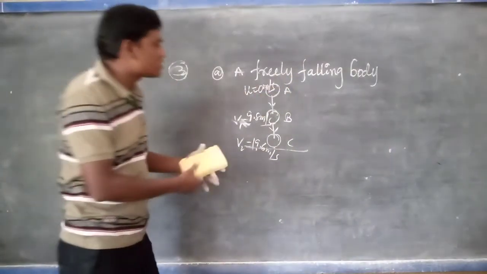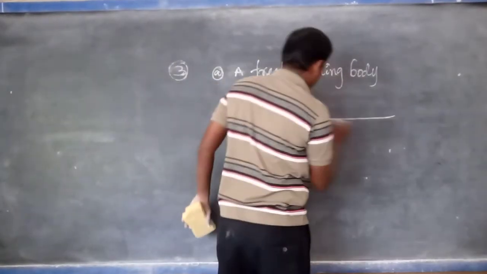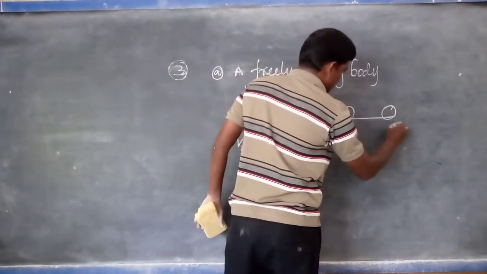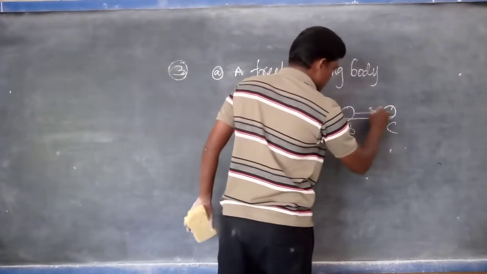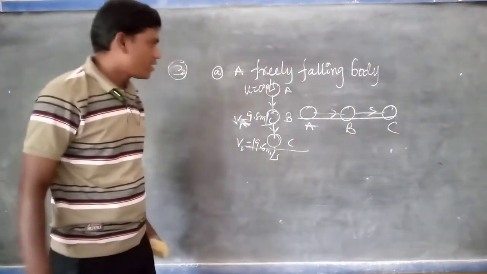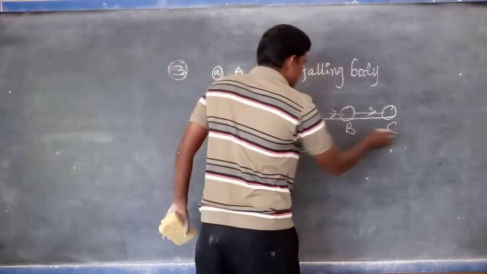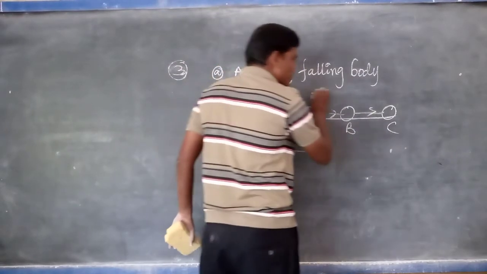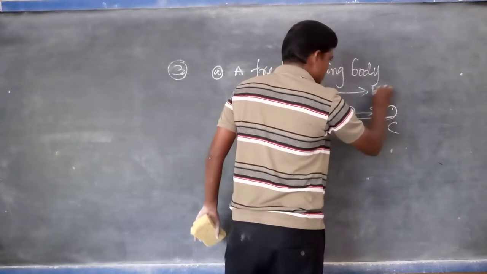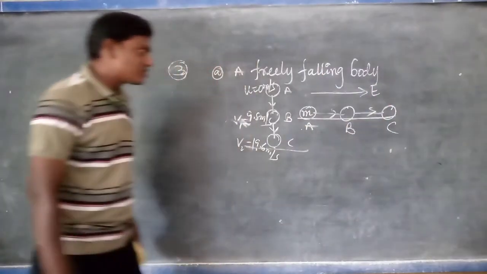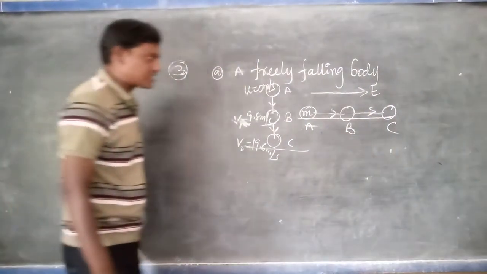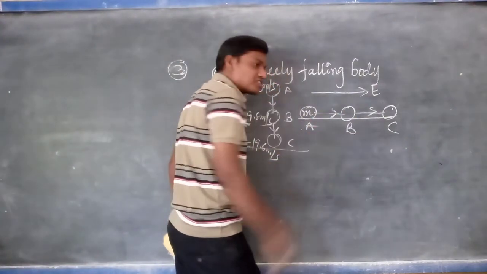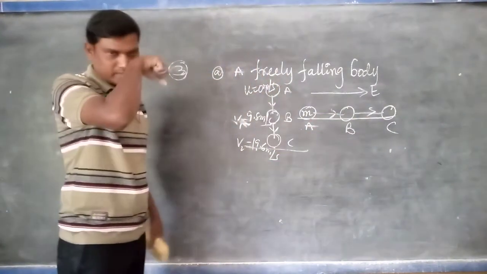Like the same concept, also discussing that. A body is starting from point A and moving towards point C. A to C means in which direction? East side direction. So during the motion, the body moves with variable speed.